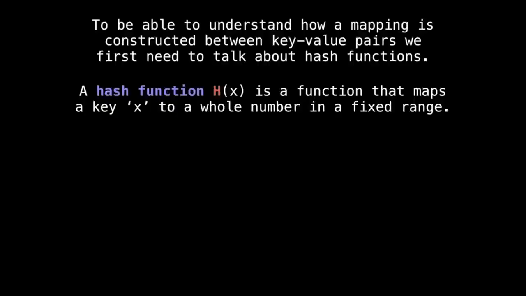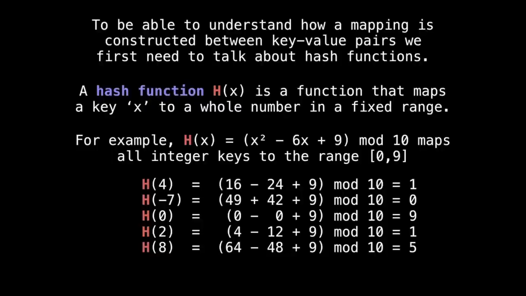So that's pretty simple. Let's have a look at an arbitrary hash function. So if our hash function is h of x equals some polynomial x squared minus 6x plus 9 modulo 10, well, all the integer keys get mapped to the range 0 to 9 inclusive. No matter what integer number I plug into h of x.